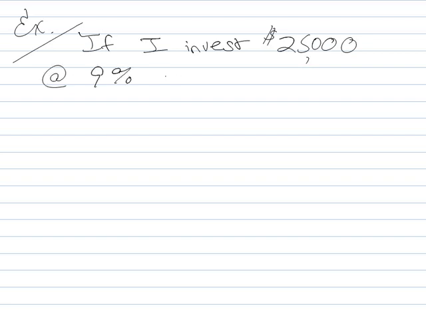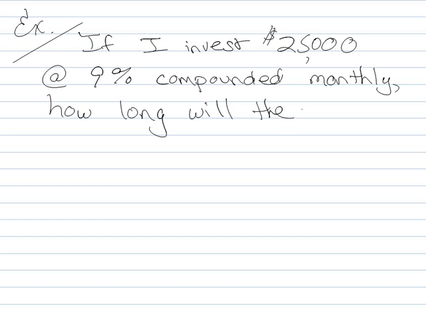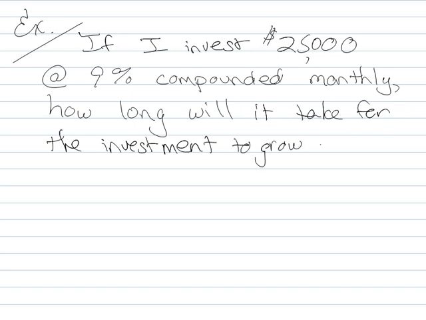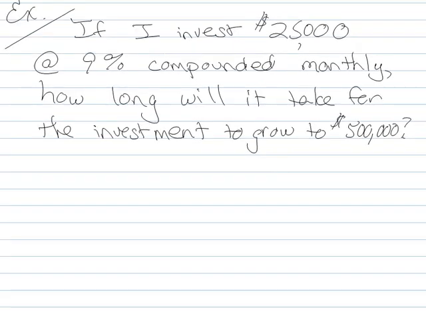So you might have a problem that says, if I invest $25,000, you know, this would be a retirement question, if I invest $25,000 at 9%, that's a nice interest rate, compounded monthly, how long will it take for the investment to grow to, say, $500,000? So our idea now is we're going to go ahead and write our formula.